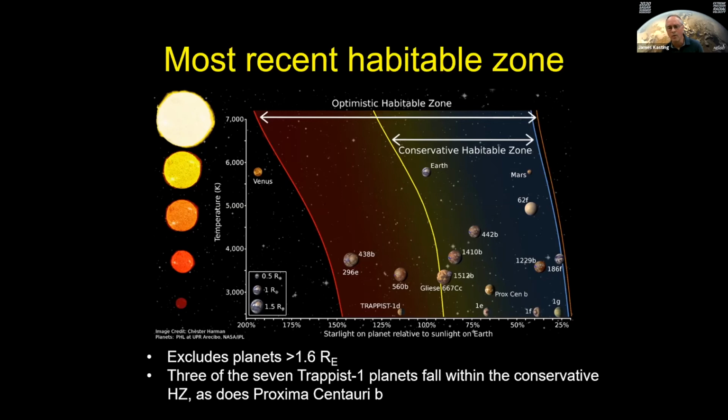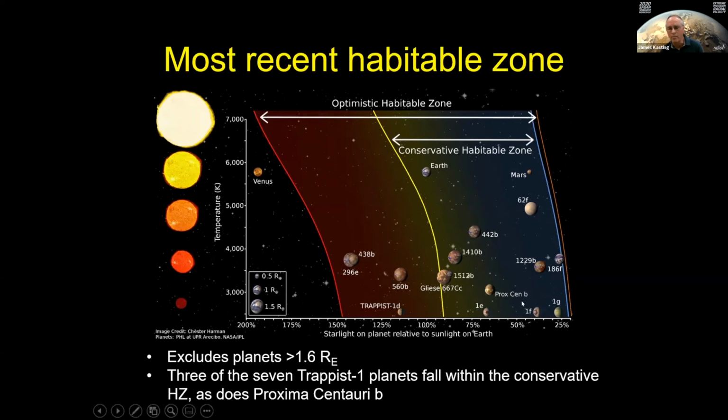I didn't follow the whole workshop here, but we think most planets greater than 1.6 Earth radii are not rocky. In fact, Leslie Rogers had a paper by exactly that title.